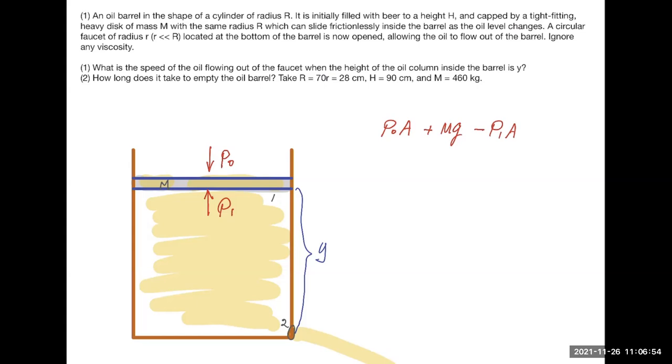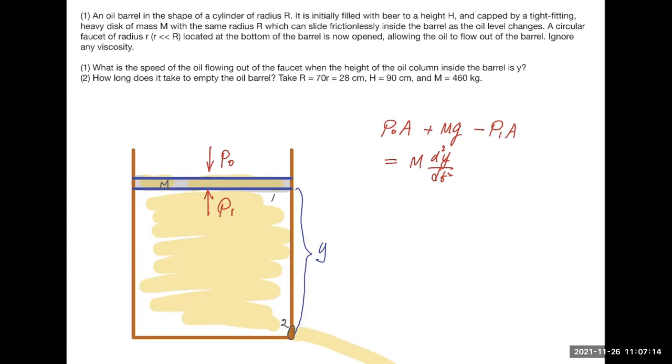That is the net force acting on the cylinder, and that should be equal to mass times acceleration. The acceleration can also be written as the second derivative of y as a function of time, and this y is the height of the beer.